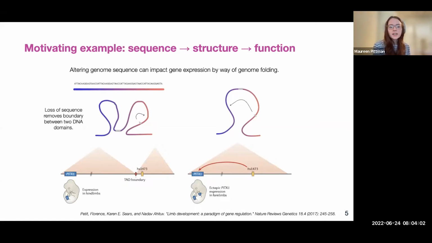It's been seen before in development with the PITX1 gene, which is restricted to expression in the hind limbs.